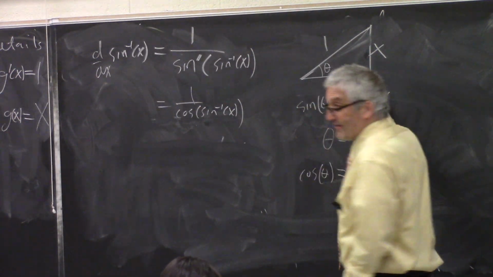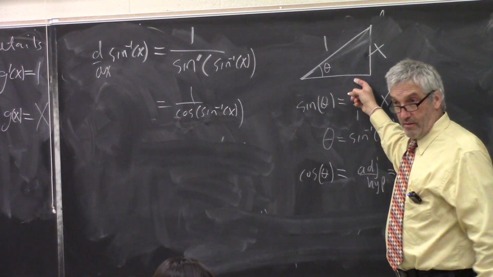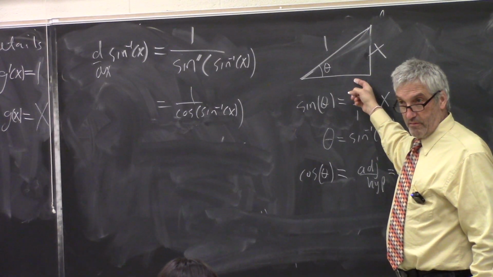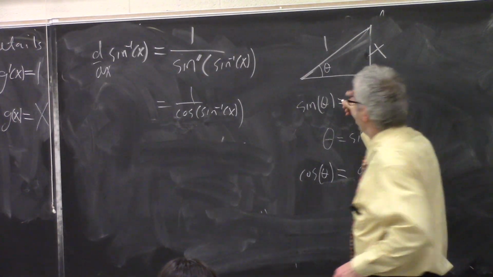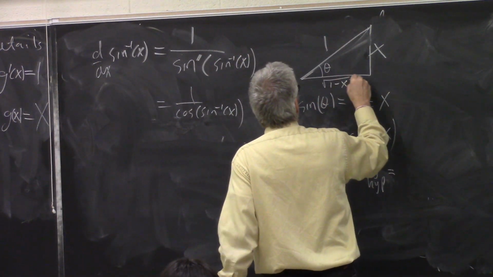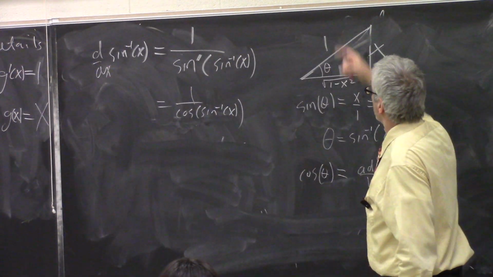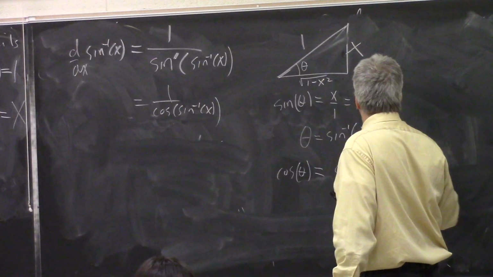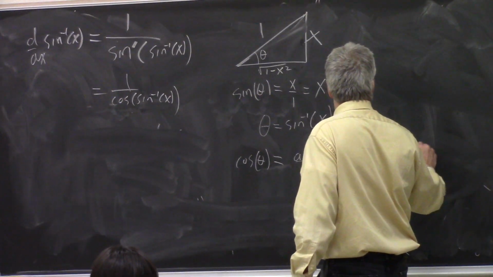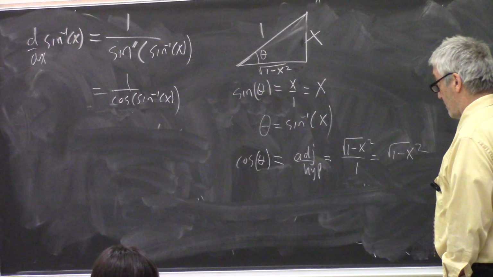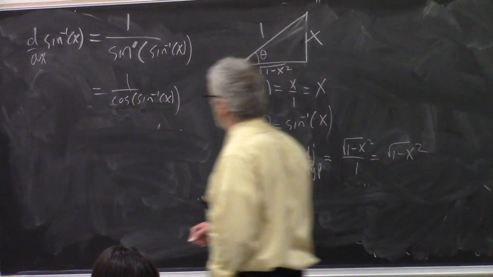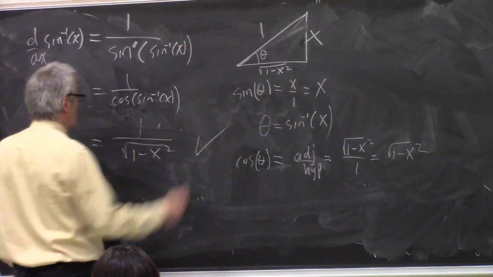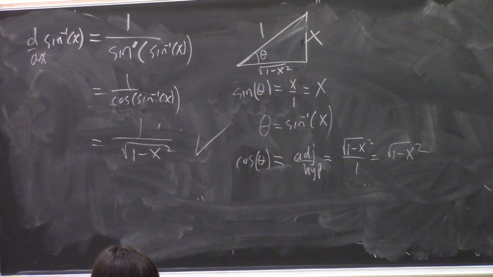What's the length of that adjacent side? It's the square root of 1 minus x squared, right? Because this squared plus this squared has to equal 1. So square root of 1 minus x squared over 1. So just square root of 1 minus x squared is the cosine of theta. Oh, so that's what I got to do here. This is 1 over square root of 1 minus x squared. Good. So this formula is right.